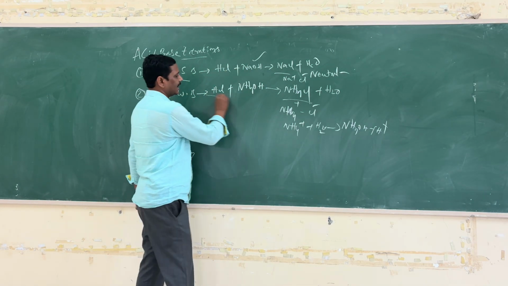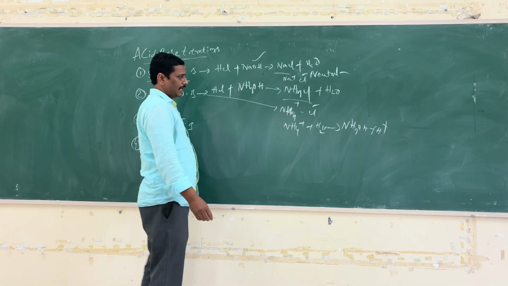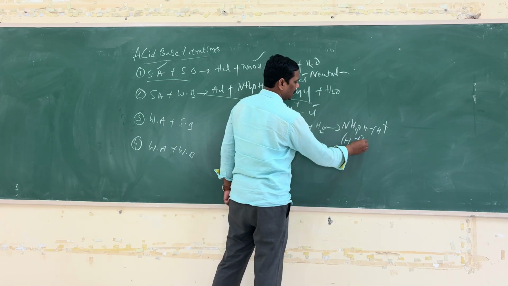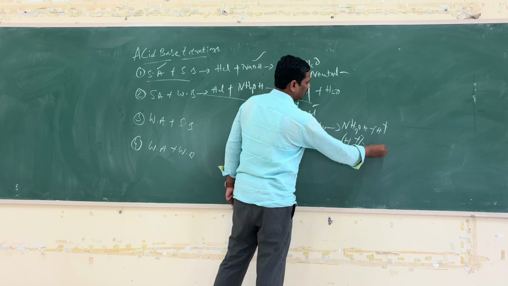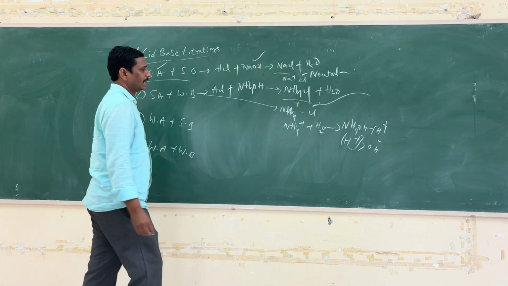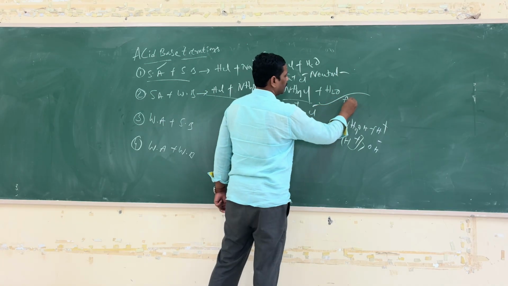So in the second category of titration, the H+ ion concentration is greater than the OH- ion concentration. So this titration is carried out in acidic medium.